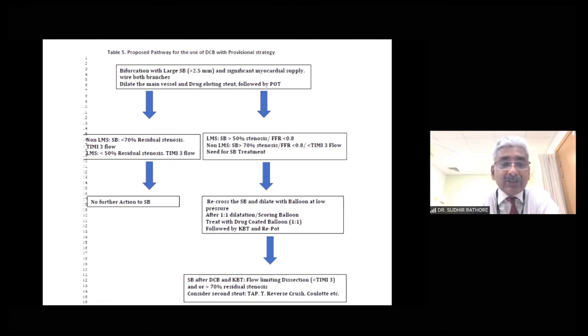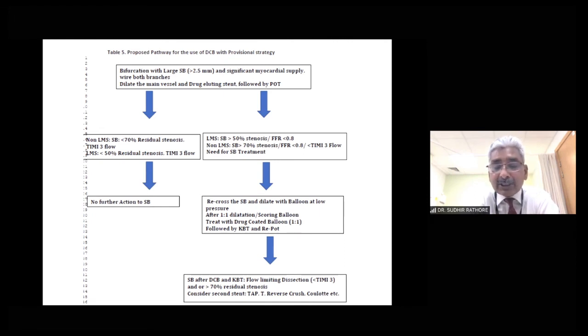After that, if the residual stenosis in the side branch is more than 70% for non-left main stem, or more than 50% for left main stem side branch, or the FFR is less than 0.8, or the TIMI flow is low, then I decide to treat the side branch. And if none of these things are present, then we stop after POT. No further action is required to the side branch.